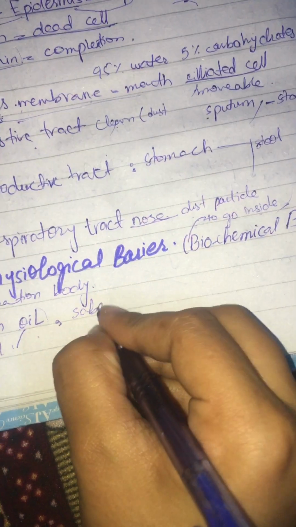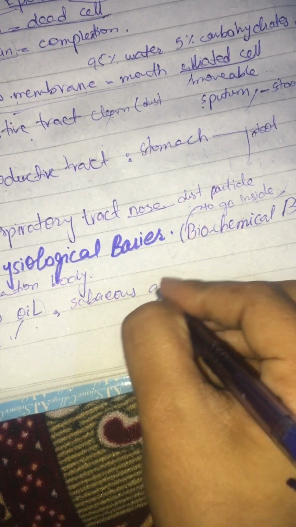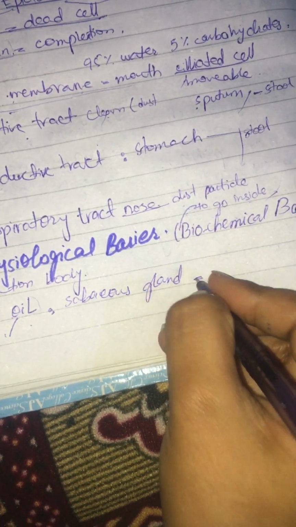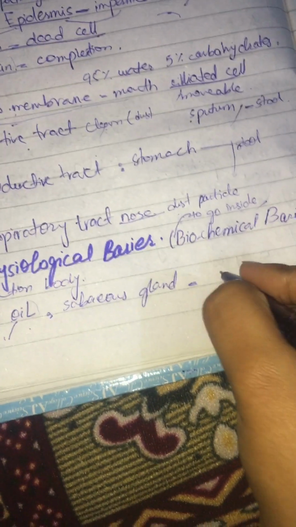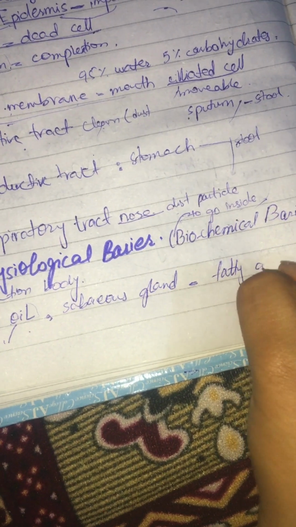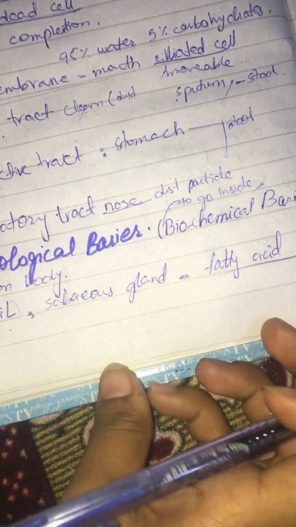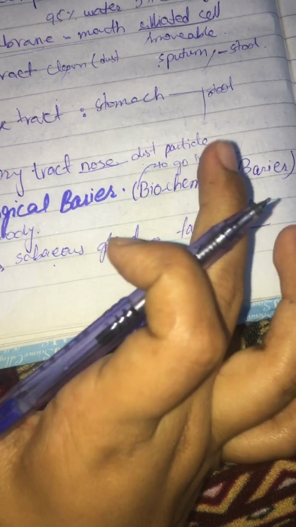This sebum oil is secreted by the sebaceous gland, and sebum has fatty acid. As we have studied before, our skin has three layers.